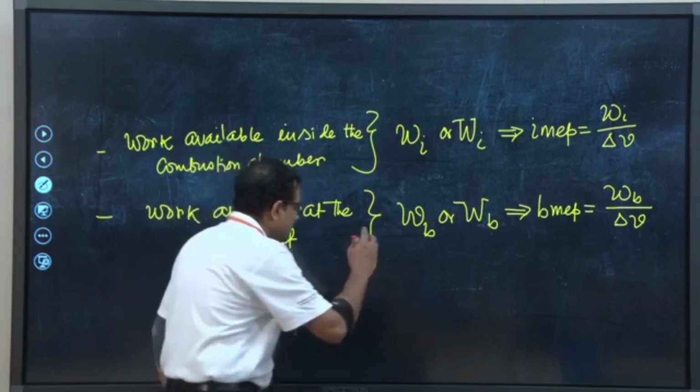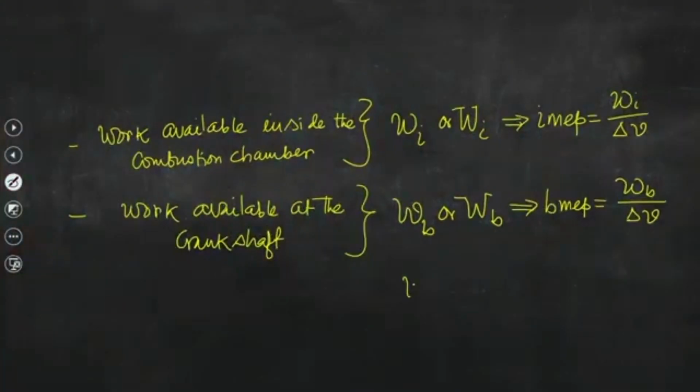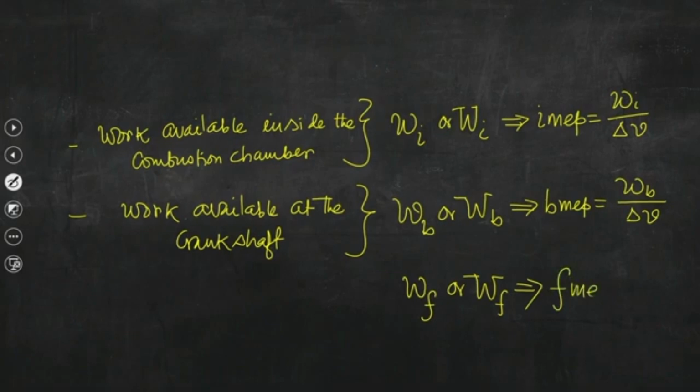So, that work is known as WF, and if we define frictional mean effective pressure, that is equal to WF by delta V.